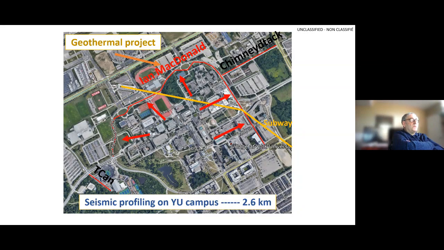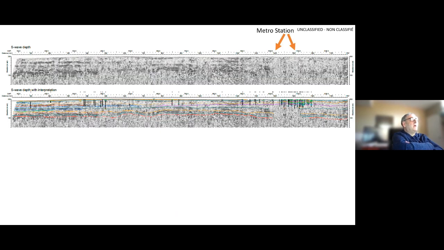So next section, Jean McDonald. It goes from south to east and southeast again. So here's the entire section. We see very continuous reflection, and the metro station is blocking the signal here, so it's kind of blurred.